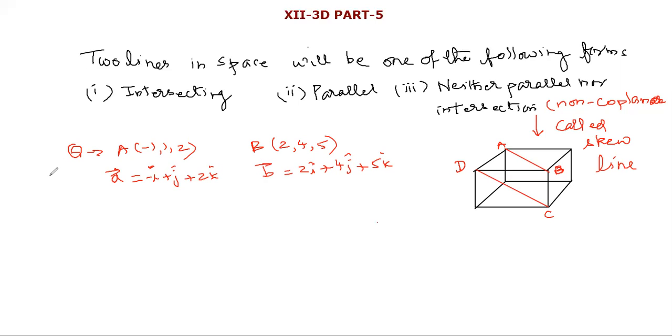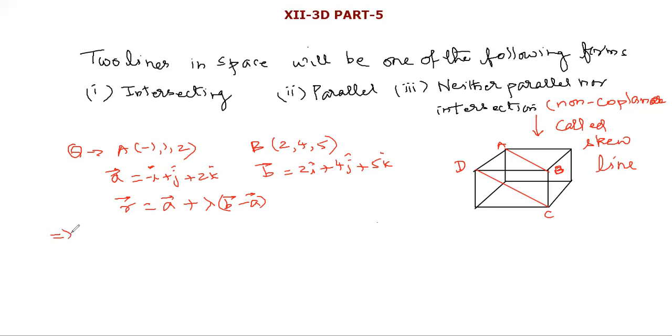The formula for the equation of a line passing through two given points is r = a + lambda(b - a) in vector form.